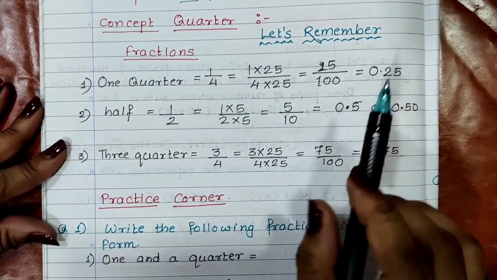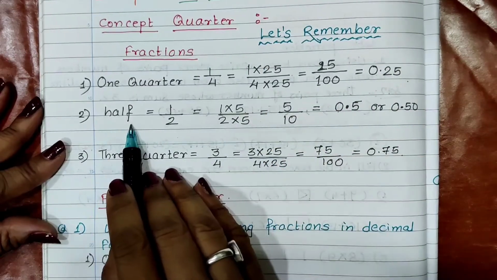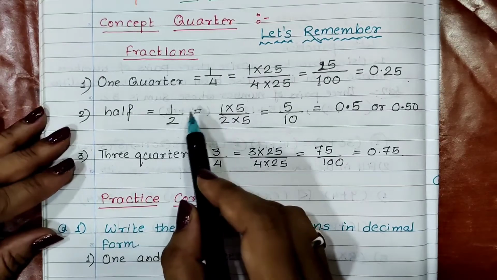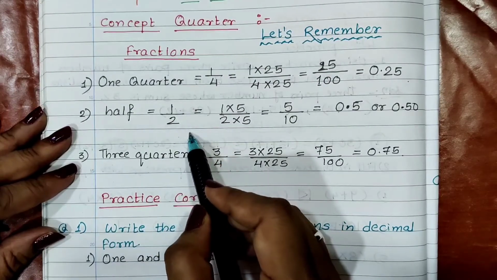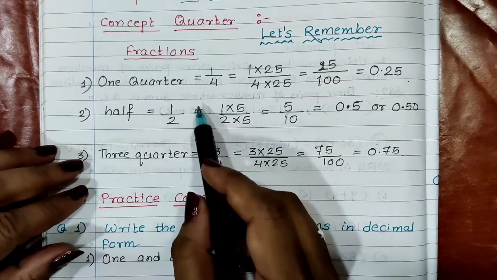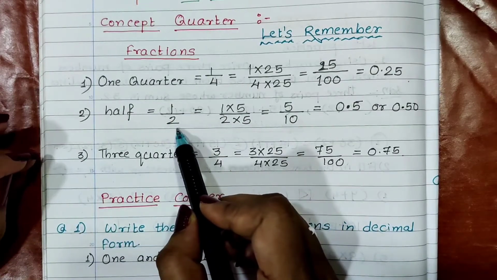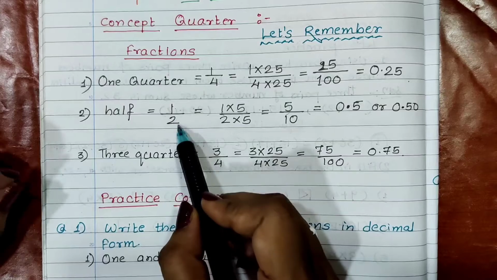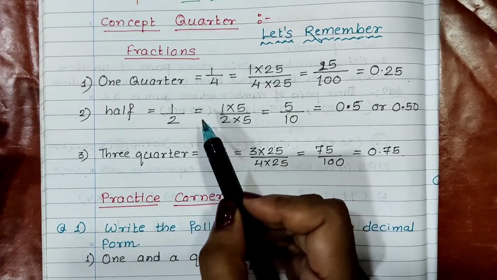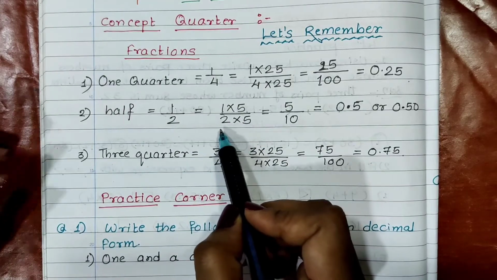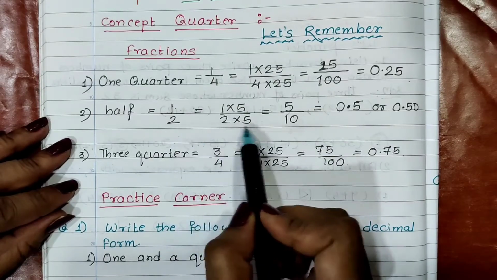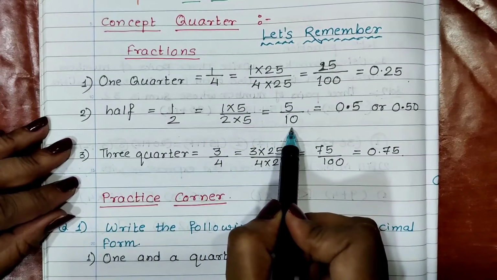Let us remember. Now the second fraction is half. Half, how to write it as a simple fraction? 1/2. We can say it in words as one-half also, and half also. Now we can make this 2, the denominator of 1/2, into 10 or 100. We can make it 10 very easily. If you multiply 2 by 5, you will get 10 in the denominator.